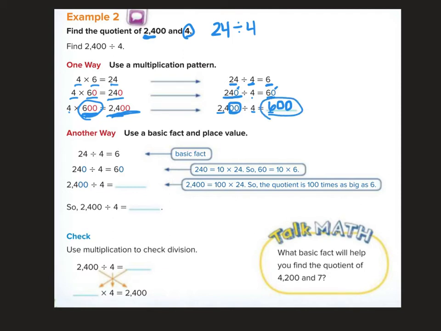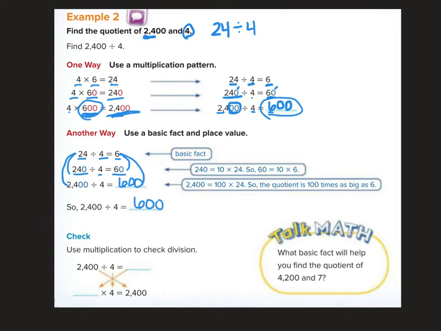Use a basic fact, okay? 24 divided by 4 is 6. 240 divided by 4 is 60, right? That's our multiply by 10, multiply by 10. So then if I go down here and multiply by 100, multiply by 100, 6 times 100 is 600. So 2,400 divided by 4 is 600.